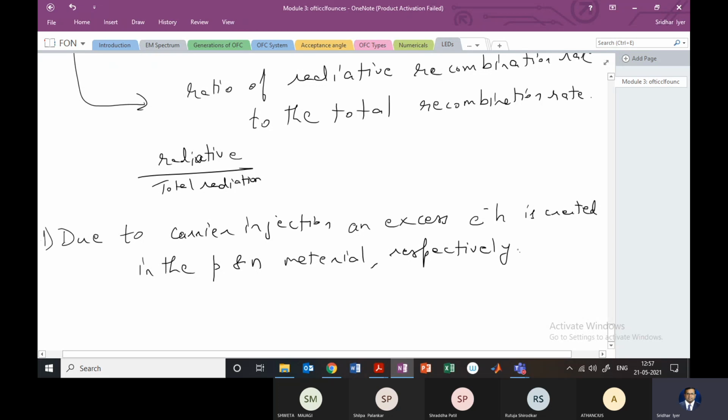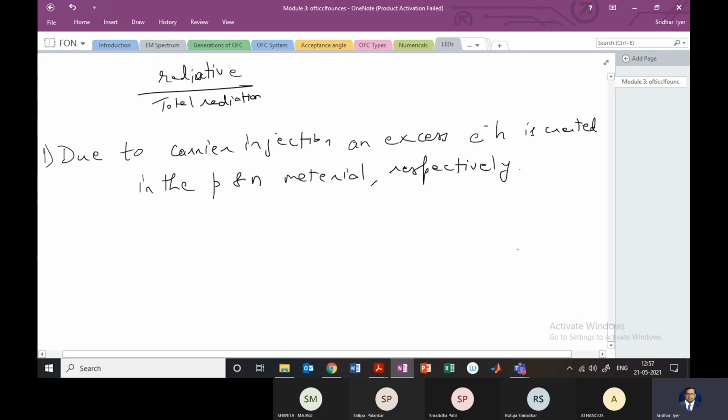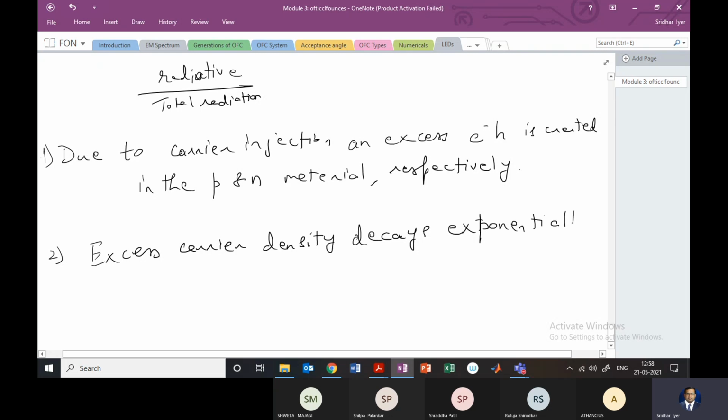right? So because of the carrier injection, once we give the current, then the electron hole pair is going to be generated respectively in the p and the n junction, right? So we'll call this excess carrier density, and this is known to decay exponentially with time.